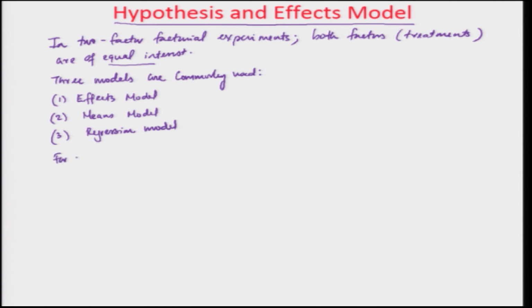For this course, we focus on the effects model. Okay. So, what is the effects model, right? How do we write the effects model? The effects model can be written as Yijk, okay.